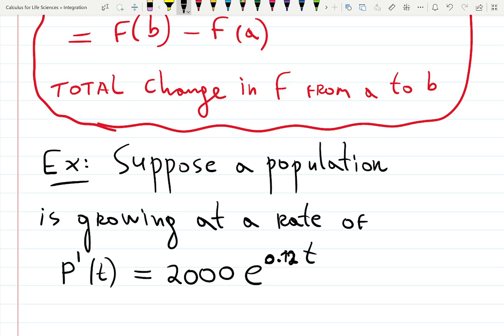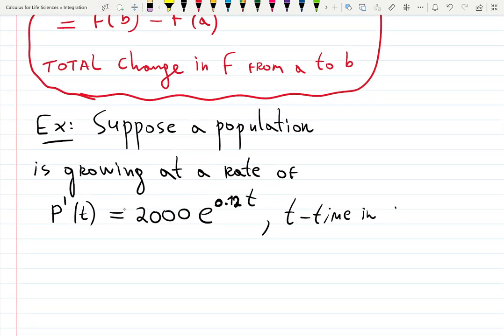That is an exponentially growing function, where t is time in months. No, that was months, I did not see. It's a little bit larger than minutes. Population is growing in months. So I guess it's a population of actually some animals, not bacteria like I thought.